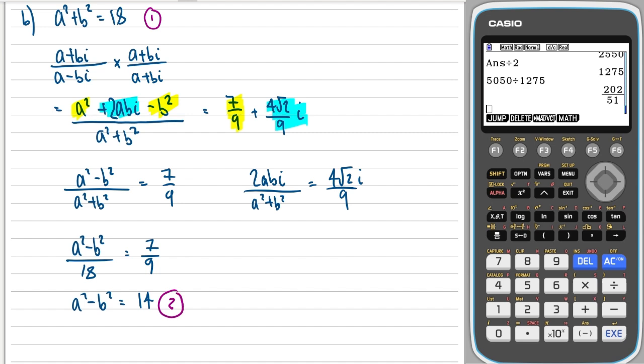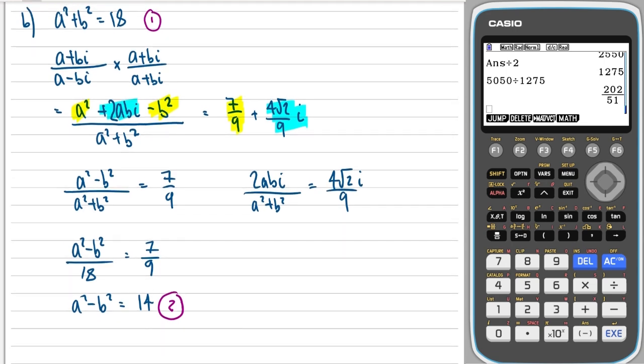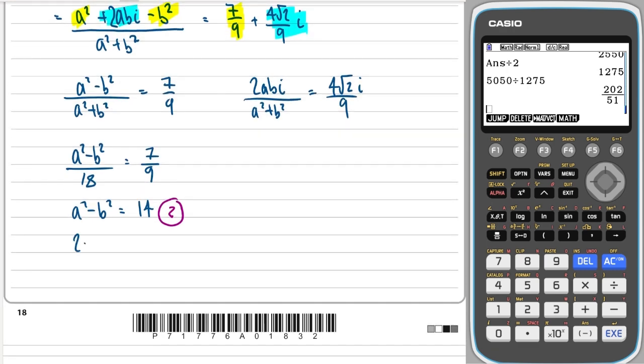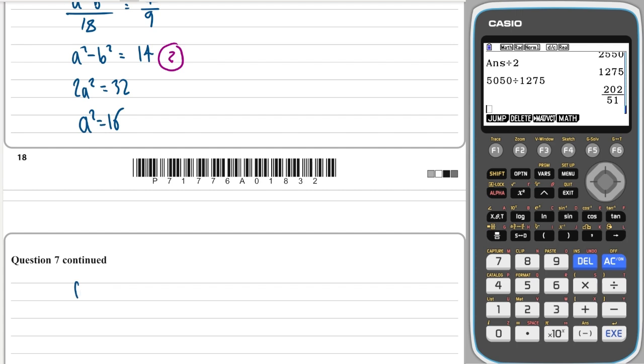So with these two equations, I can now solve for a and b. So adding them together is going to give me 2a squared is equal to 32, which is going to give me a squared is equal to 16, which means that a can be plus or minus 4.